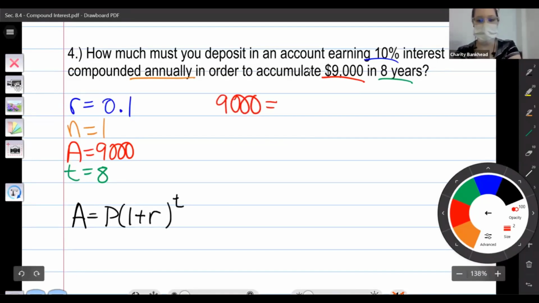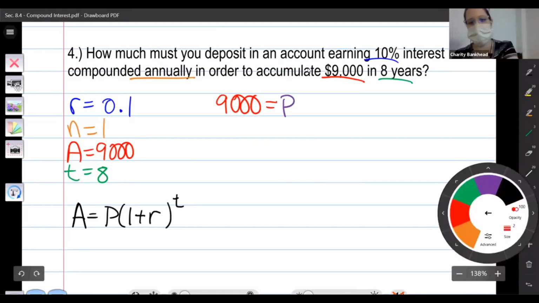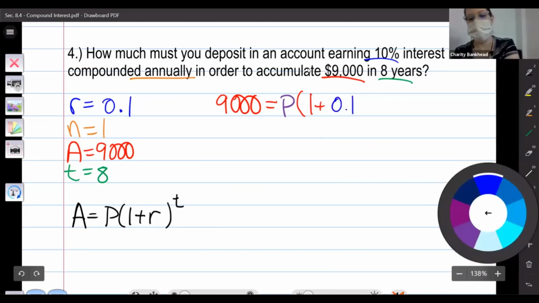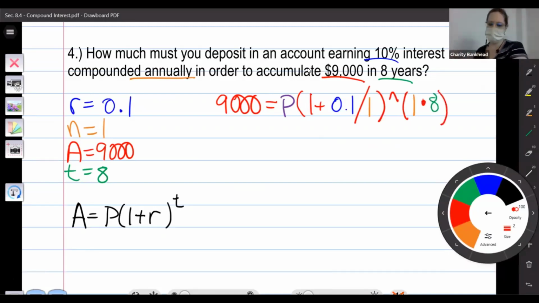All right, so this is going to be 9,000 is equal to P, which is unknown, so we're just leaving it as P, open parentheses, 1 plus 0.1 over 1, close parentheses to the power of, open parentheses, 1 times 8. And then after that, we can go ahead and simplify it a little bit.